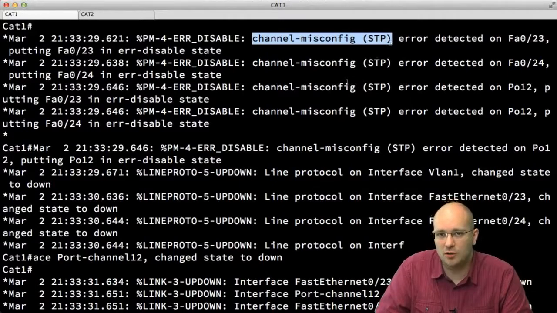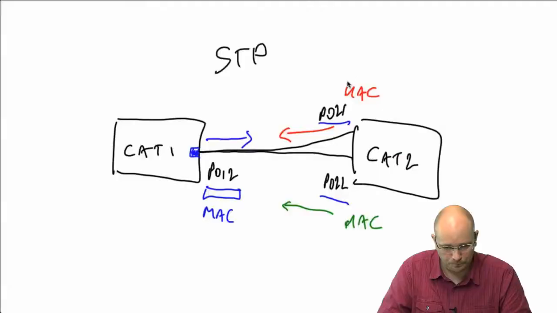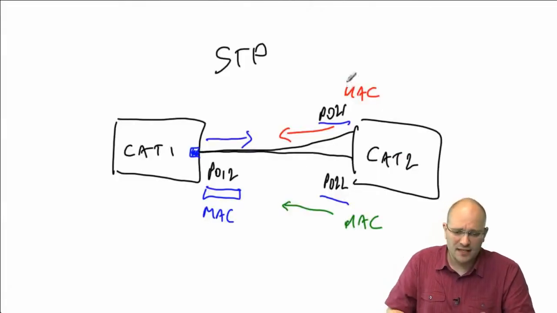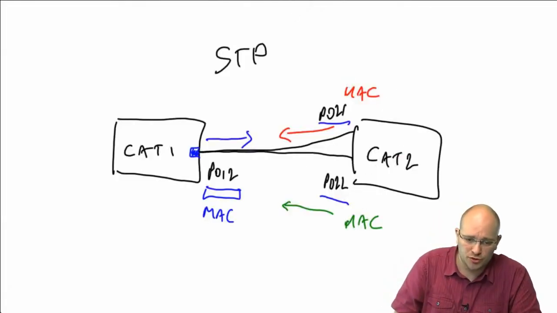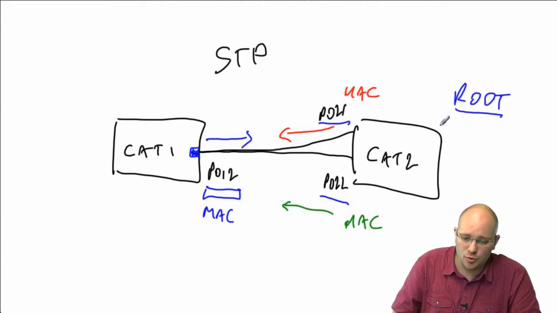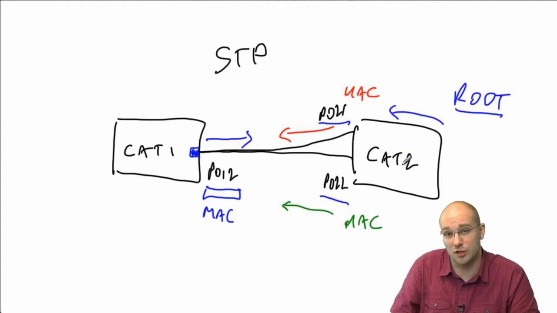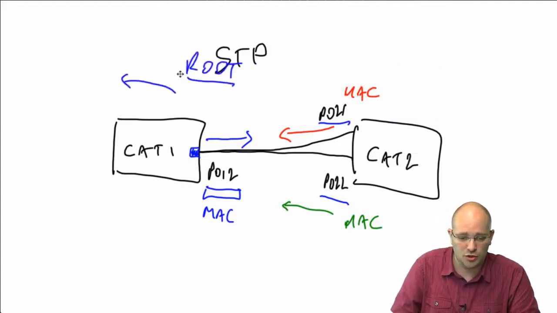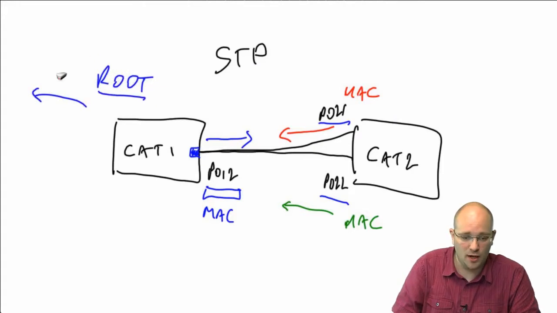But EtherChannel Guard is very, very flawed. Let me give you an example why. If cat2 is the root of the spanning tree, it will be cat2 that originates the configuration BPDUs. But if cat1 was the root, it would be cat1 that originates the BPDUs.